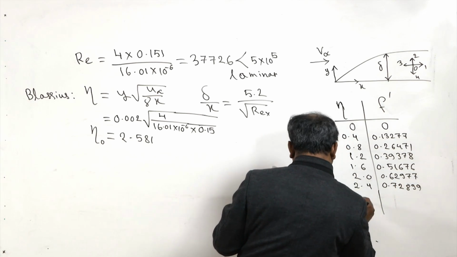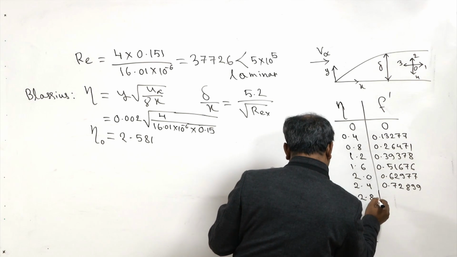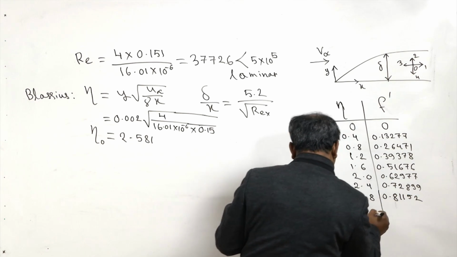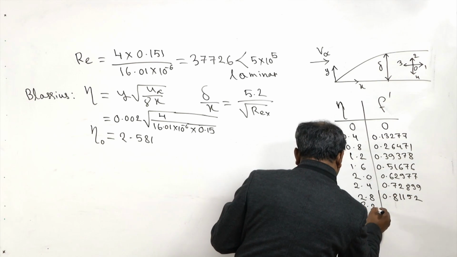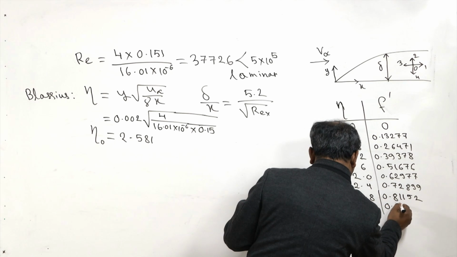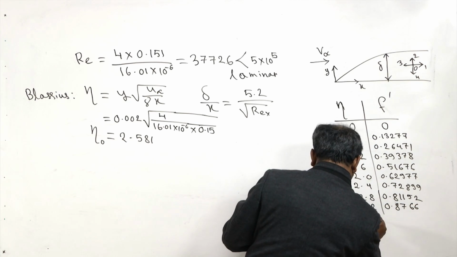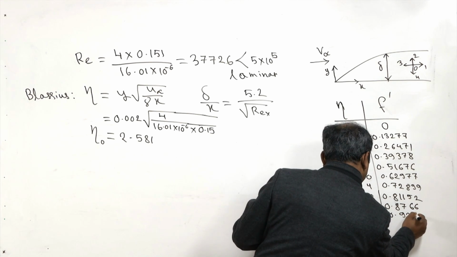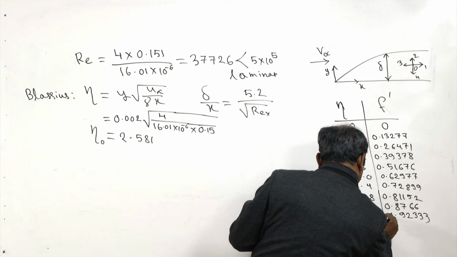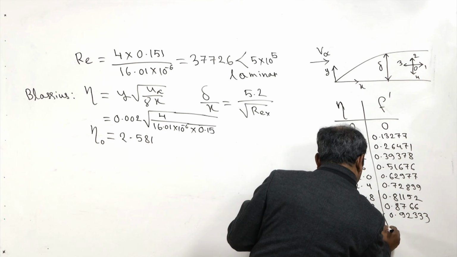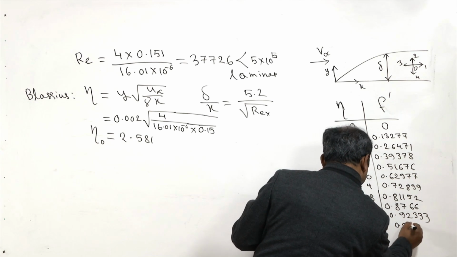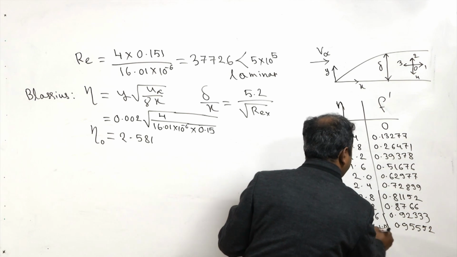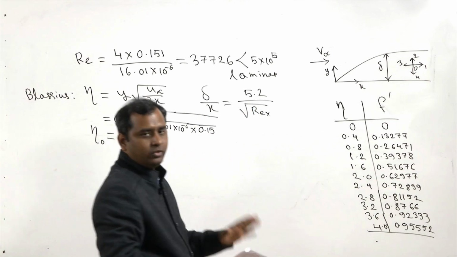Then if we proceed further, 2.8 is 0.81152, 3.2 is 0.8766, and then 3.6 is 0.92333, and finally let us write down up to 4 only. At 4 it is 0.95552. This list can be lengthened further, but for our present case up to this will be sufficient.